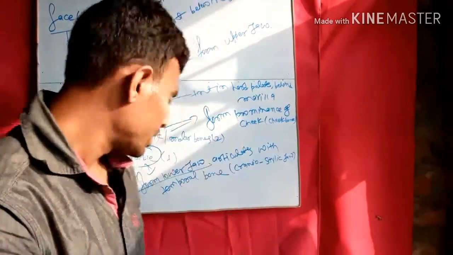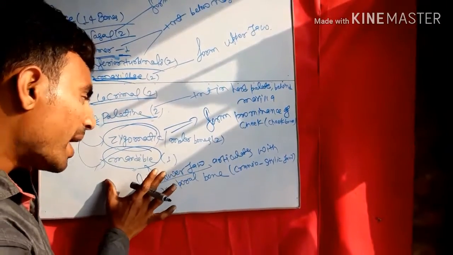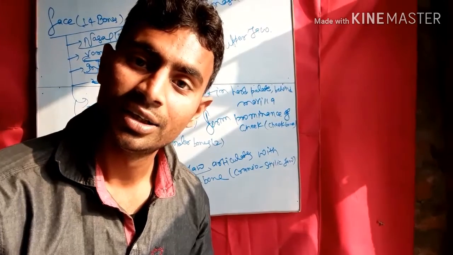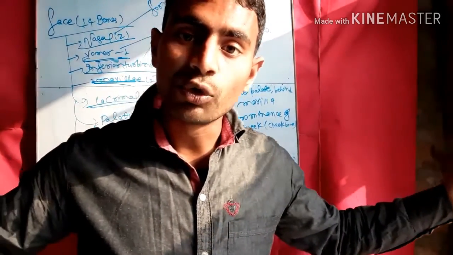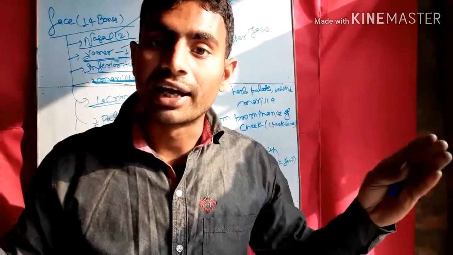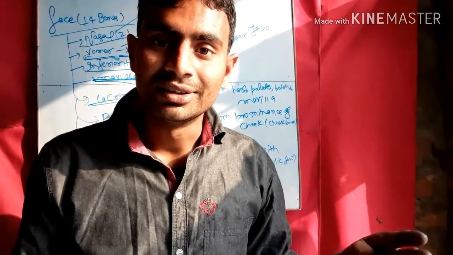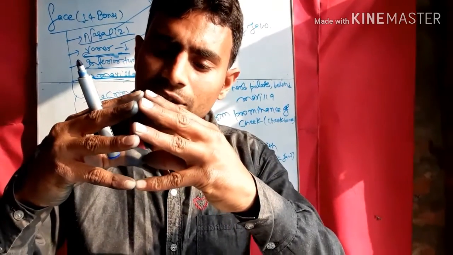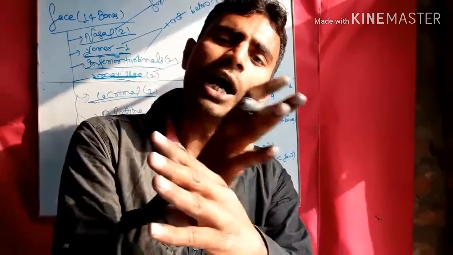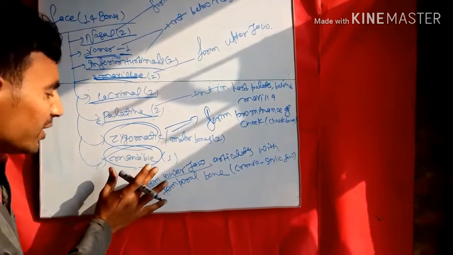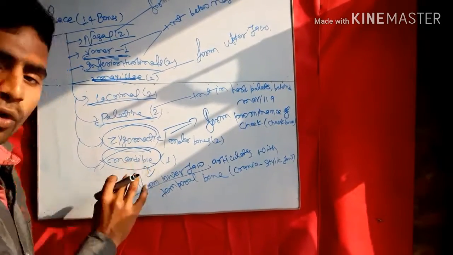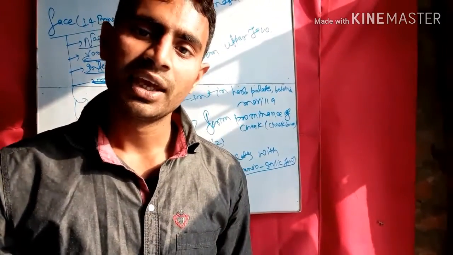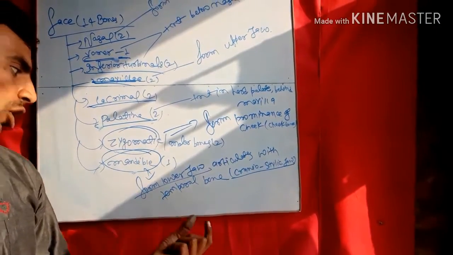This mandible articulates with the temporal bone, which is present at the side of the cranial cavity, the side part of the cranium. It is called craniostylic jaw.